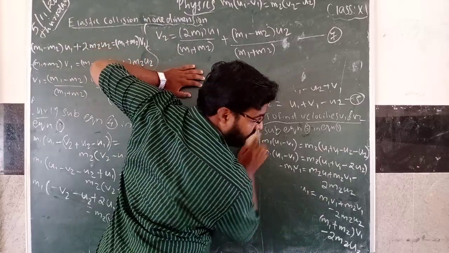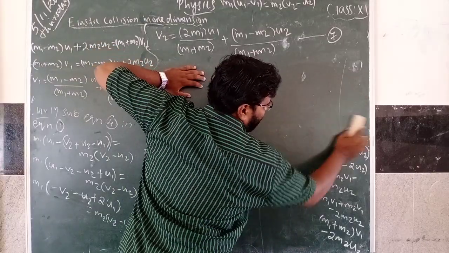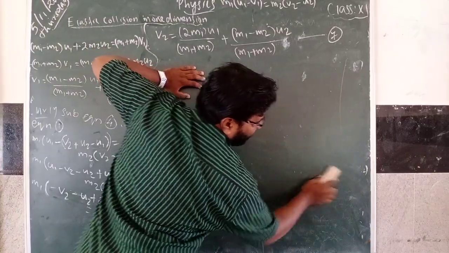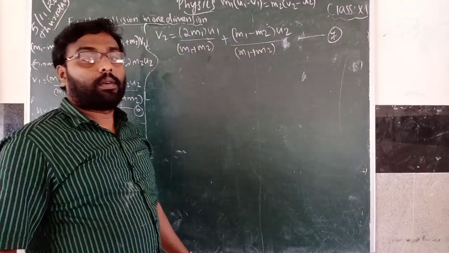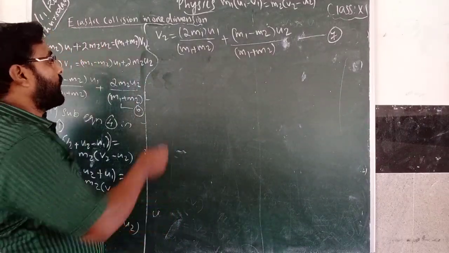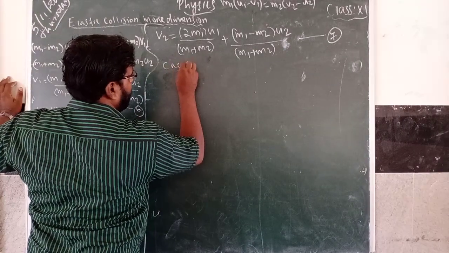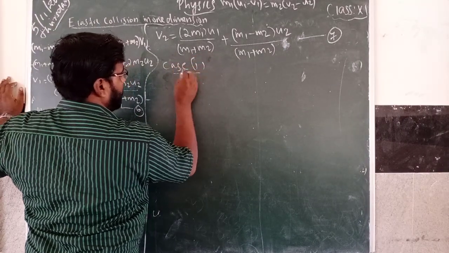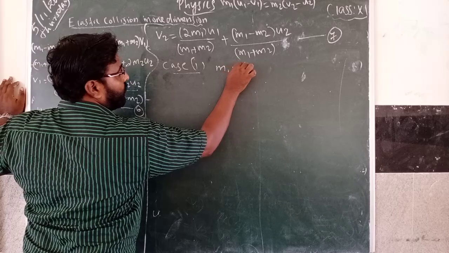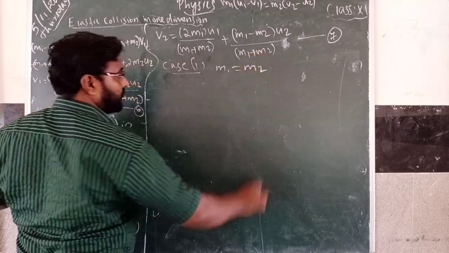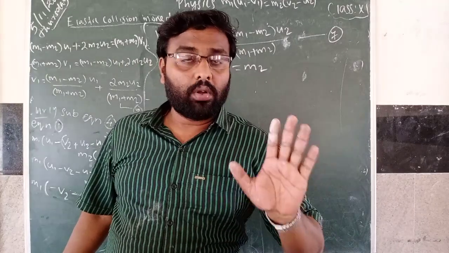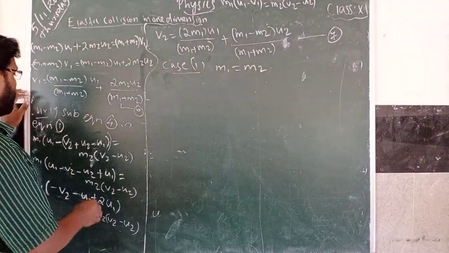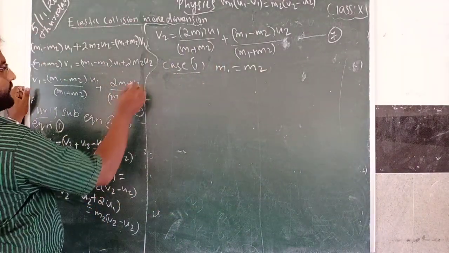Now we need only equation 6 and 7. So case 1 is M1 equal to M2. So first you have to take equation 6.